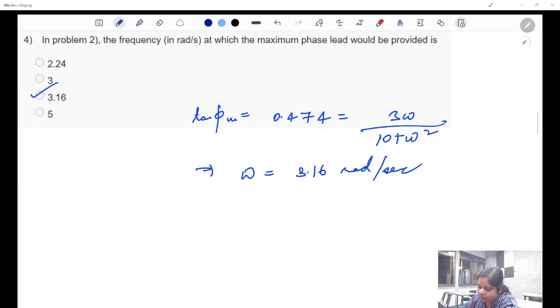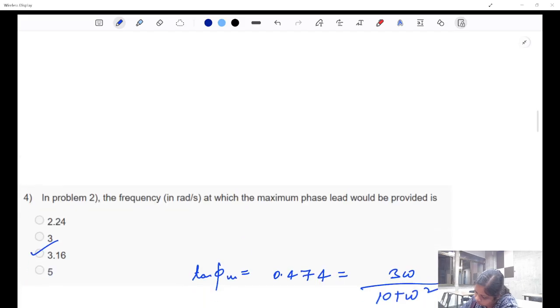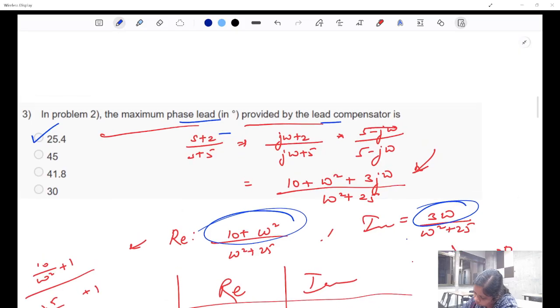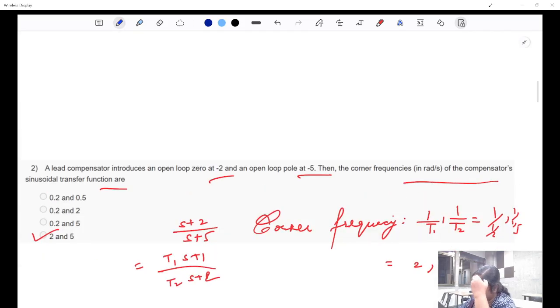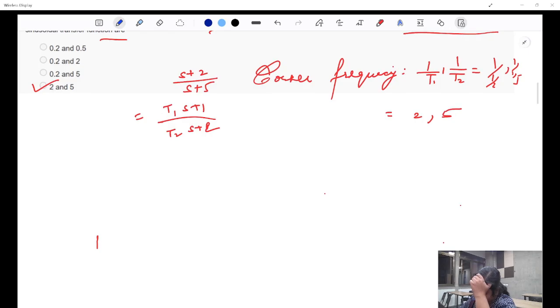Since we are solving it as a compensator problem, we also saw that this omega is a geometric mean of 1 upon T and 1 upon alpha T. So it has to be 1 upon root alpha T. Now what is the value of alpha and T?